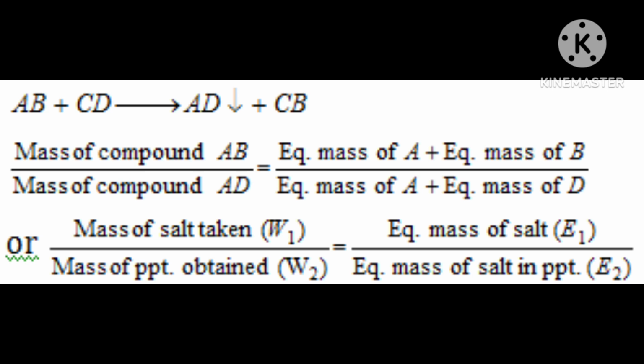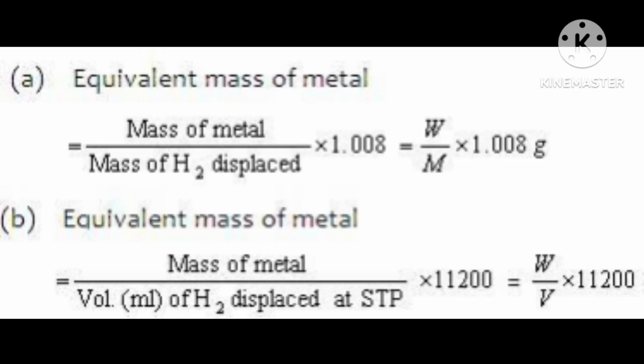Suppose AD is the precipitate. Suppose you have mixed 2 salts. AB, you can consider A as the cation and B as the anion, and the other salt CD, C is again the cation and D is the anion.